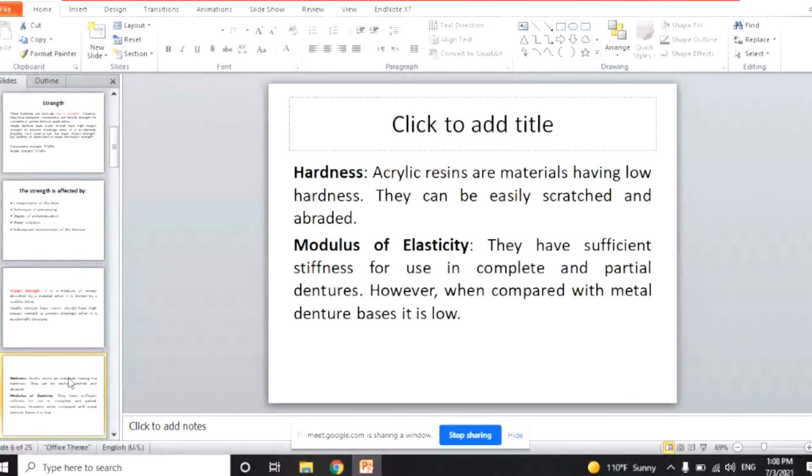About the hardness, acrylic resin is a material having low hardness. Usually it has low hardness and can be easily scratched and abraded.